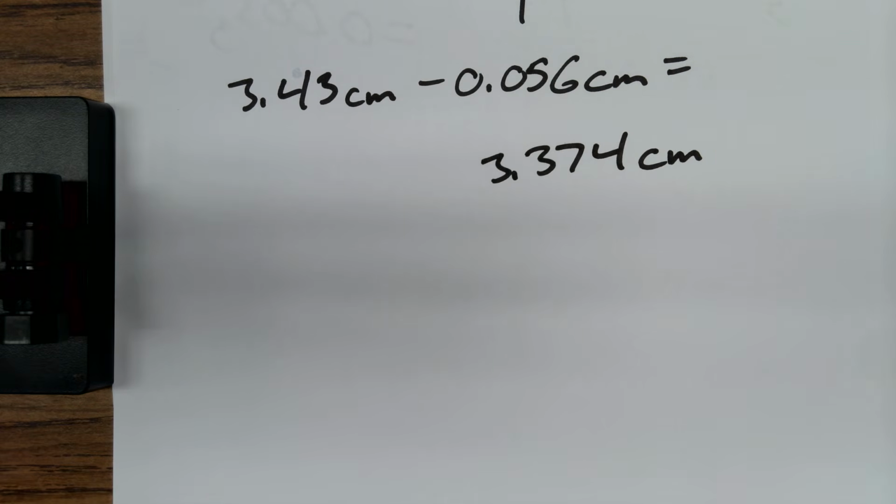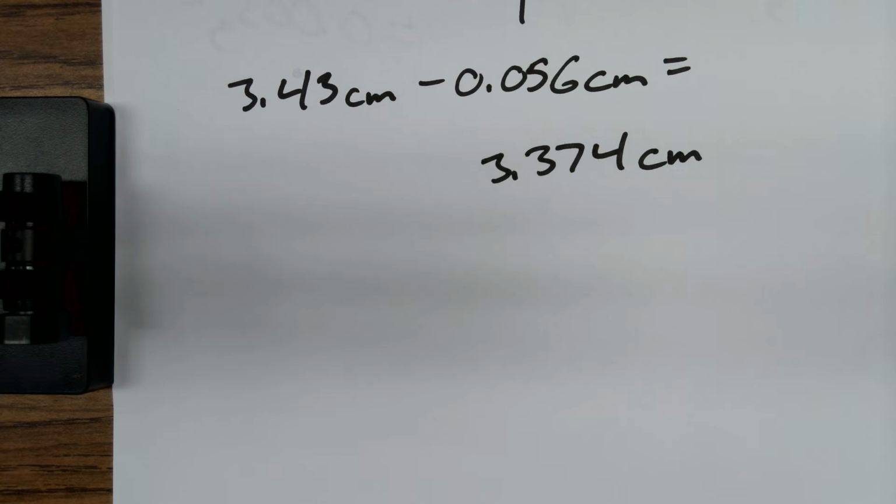Before I ask how many of what, are we looking for sig figs or decimal places? I'm looking for decimal places because what's my operation? Why am I looking at decimal places? Because I'm doing subtraction. There you go, gang.